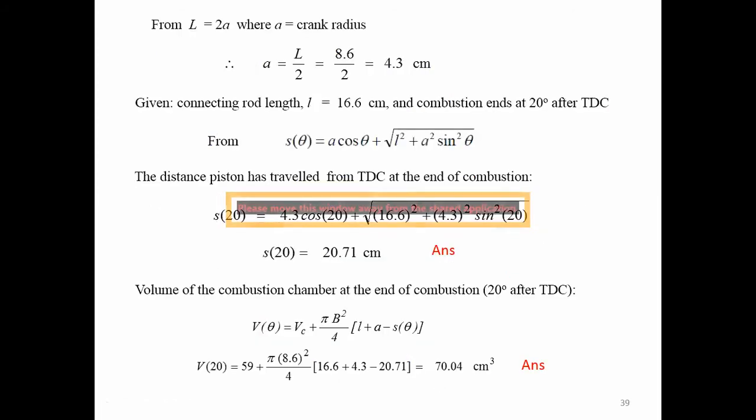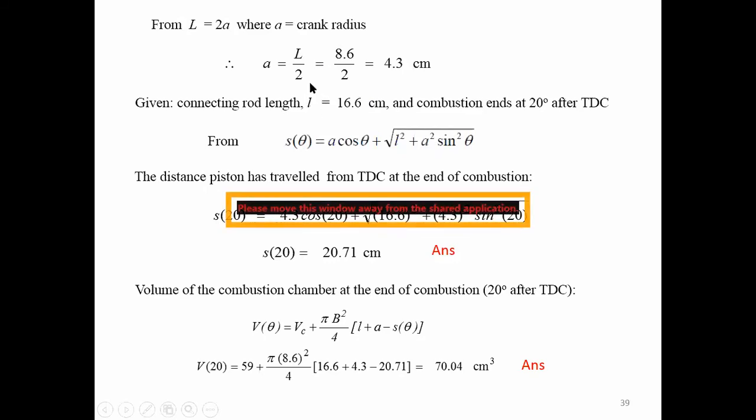And how about the crank radius? We want to use the crank radius in order to determine the distance that the piston travels, which we represent by these expressions. The stroke is always equal to 2 times the crank radius, so the crank radius is equal to 4.3 centimeter. The connecting rod length is given.